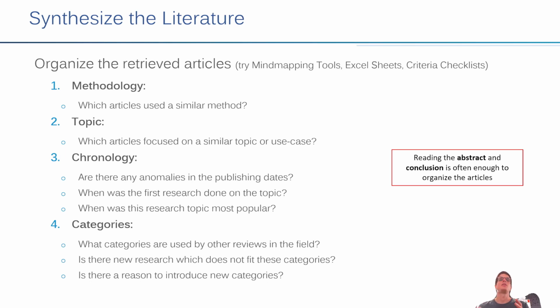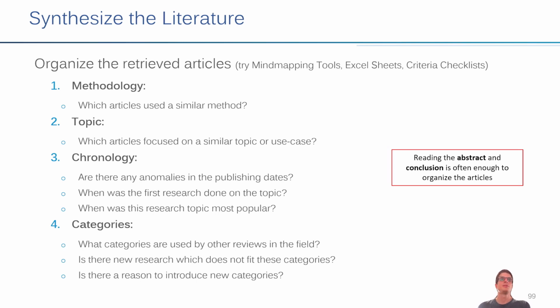This way you already find these clusters of similar topics, which later on allows you to structure them in your chapters, maybe give one chapter to one cluster of topics, but also allows you to find categories for these fields. But also Excel sheets to work, or a criteria checklist. I will give you a glimpse later on what these could look like.